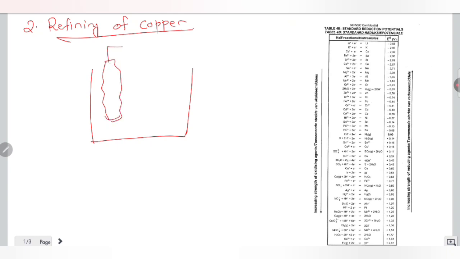Your cathode is supposed to be a thin piece of pure copper. So this one is pure copper, and this one is impure copper.